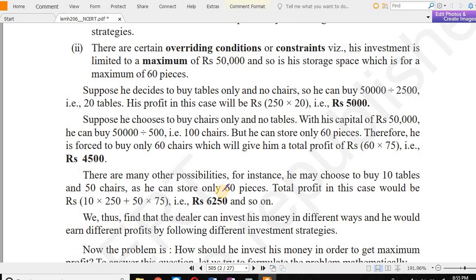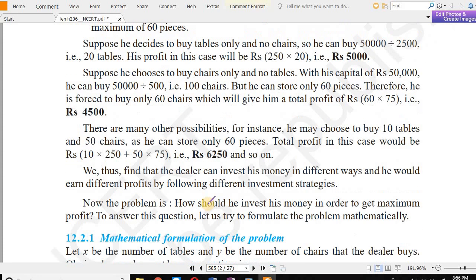Now you can figure out what the profit would be. The profit from the tables would be the number of tables times the profit per table plus number of chairs times the profit per chair. You can work this out, 6,250 rupees, which is more than the two cases we've seen so far. So it looks like you want some kind of mixed strategy to optimize, right?